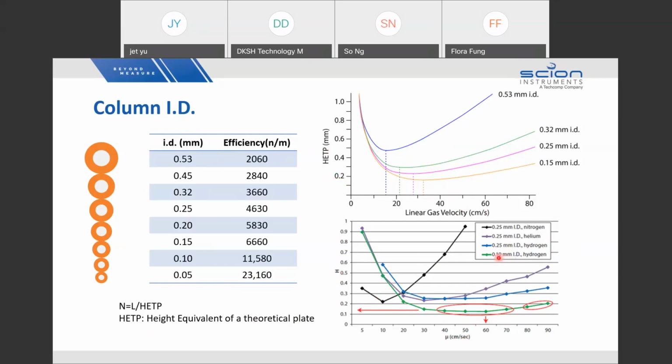When you choose a narrow ID of 0.1 and hydrogen as the carrier gas, you have the lowest HETP, and as a result, the highest efficiency, N. Usually there are a couple of this type of curves available for user reference when they are going to pursue fast analysis. At least you have the direction: this is the way, this is the direction I have to follow in order to achieve fast analysis.